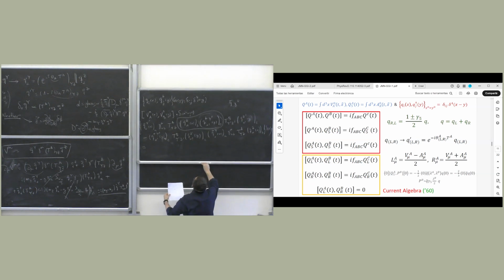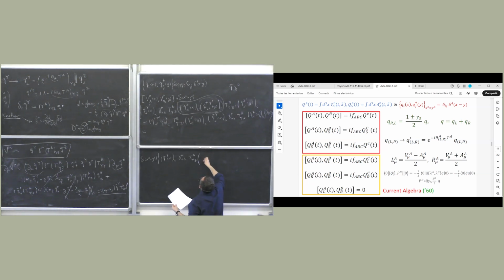Okay, so this is going to be delta alpha alpha prime, delta BC, delta Z Y prime.